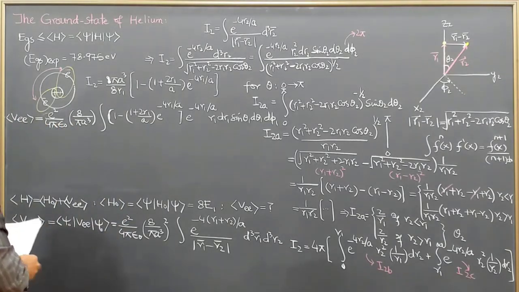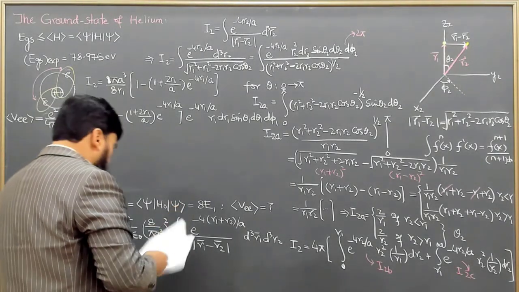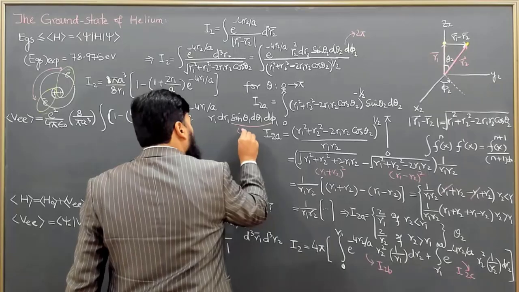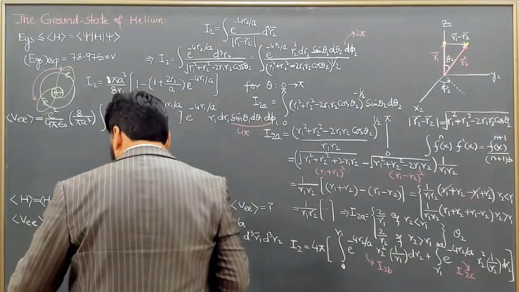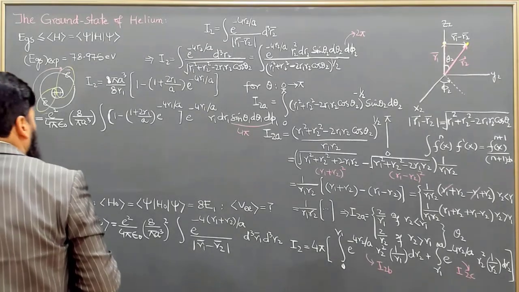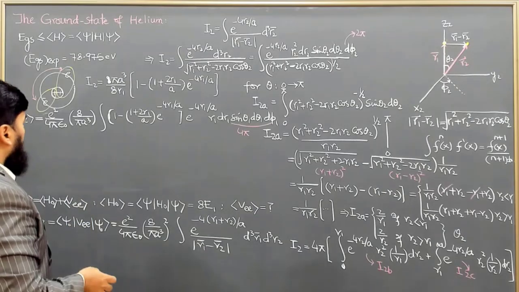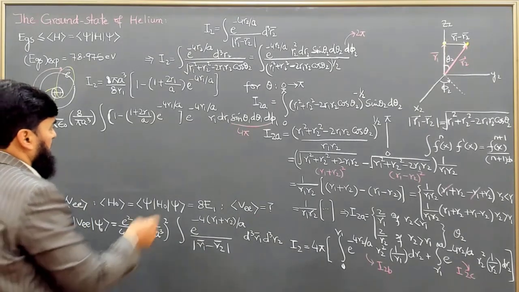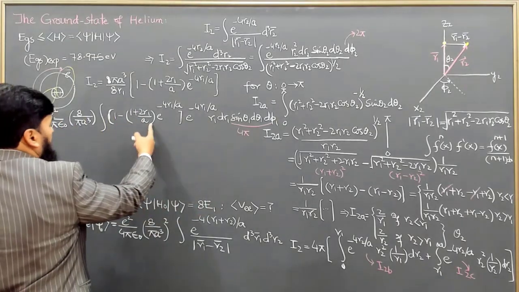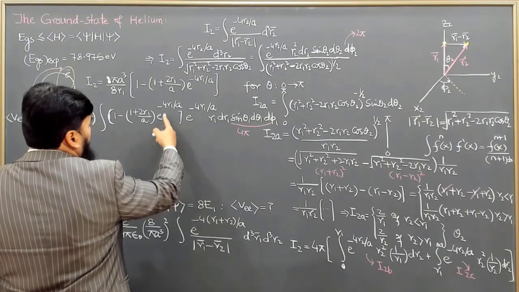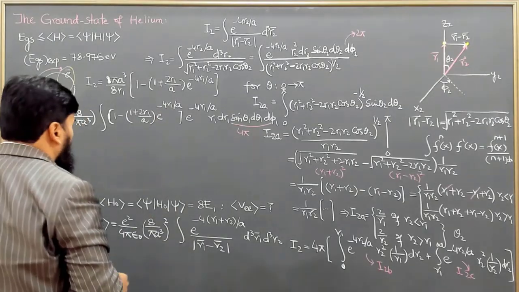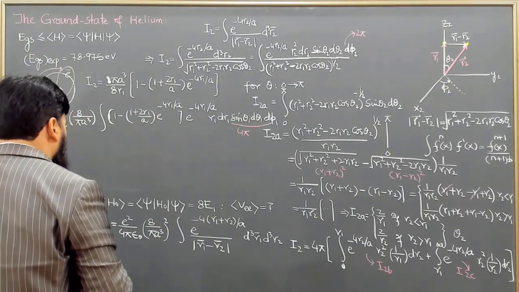And as usual, the angular portion here, the sine theta d theta and d phi, will give 4 pi, the solid angle, and the rest is the integral. It's a lengthy integral, because here we have r1 multiplied with all this, so it will become minus 4 r1 and minus 4 r1, it will become minus 8 r1 over a.